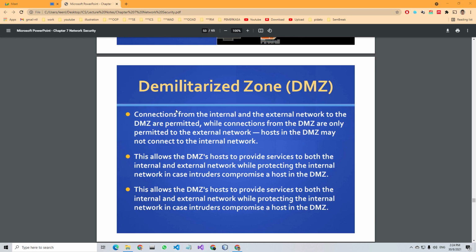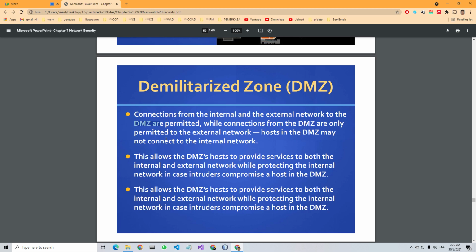This DMZ is a dual firewall configuration. Dual means two, so they have two firewalls in a DMZ. The first firewall, they call it the perimeter firewall, is configured to allow only external traffic.